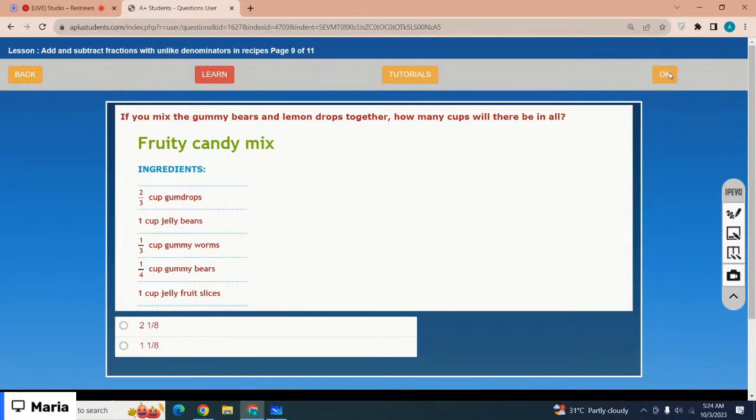You don't have lemon drops here, right? We don't know the answer. It's okay, we can skip this one.